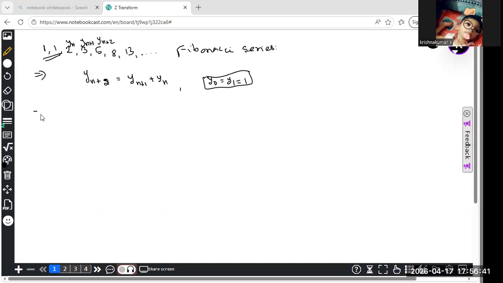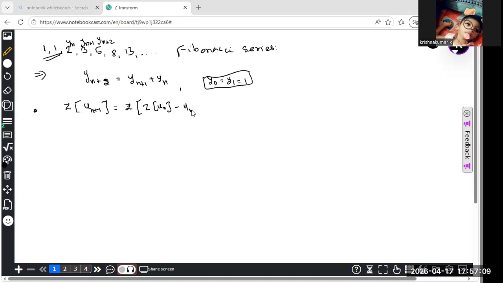First look at this. Already we know that the Z transform of u(n+1) will be equal to z times the Z transform of u(n) minus u0. This is the left shifting property.